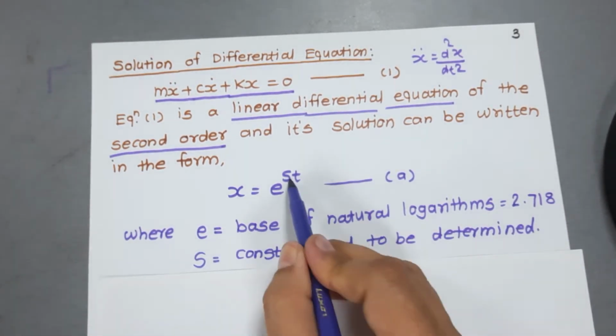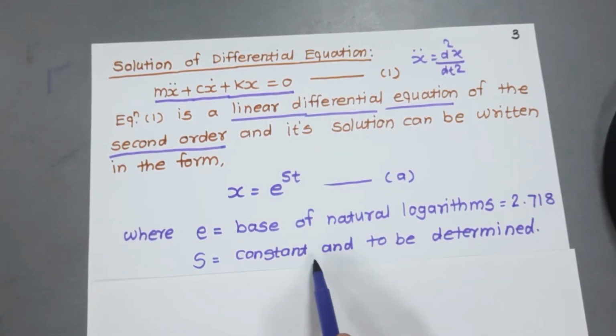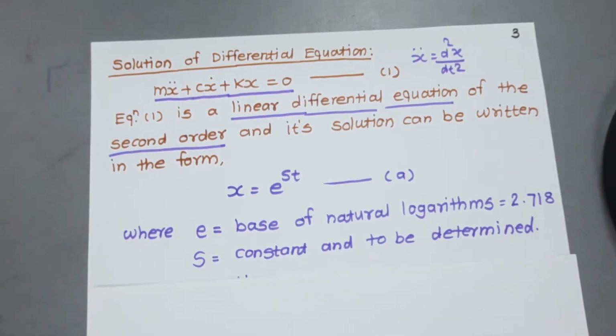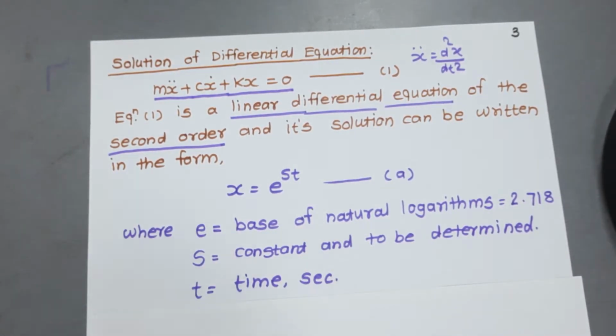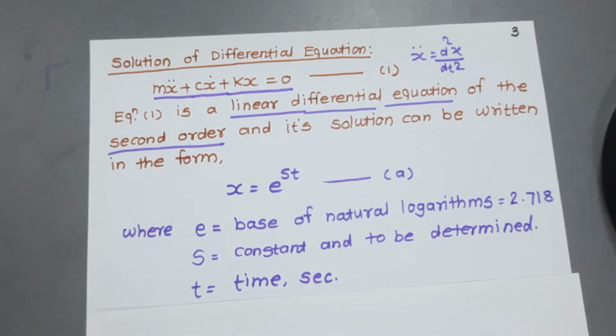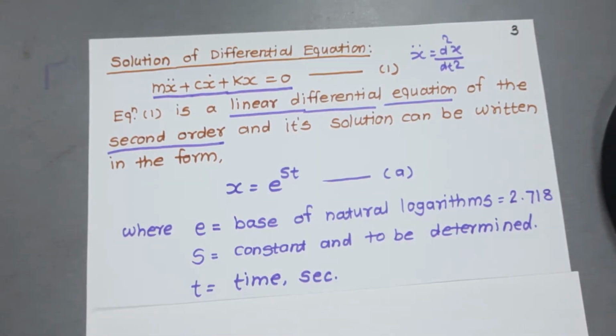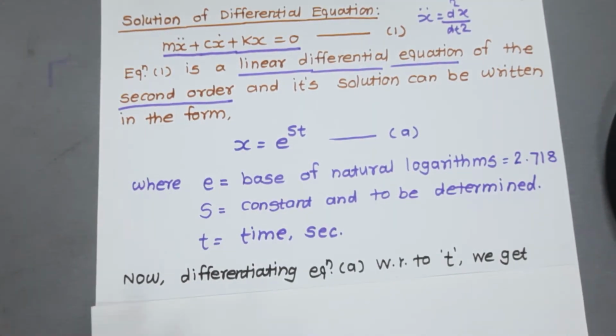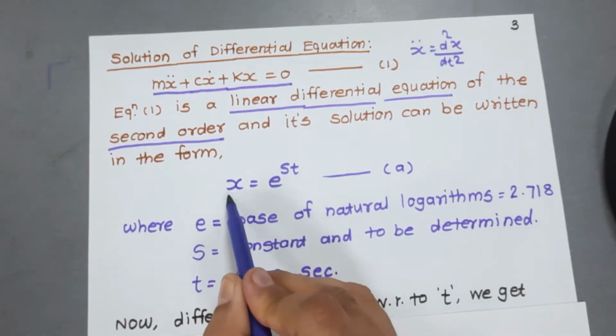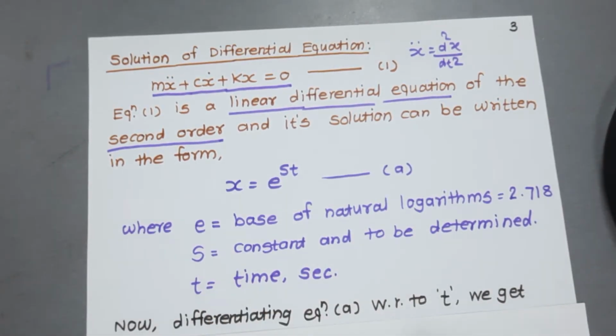Then S, this capital S, is a constant and is to be determined. T is the time, measured in seconds, and x is the displacement. Now further, we differentiate this equation A with respect to T.